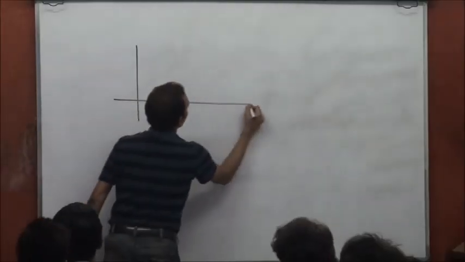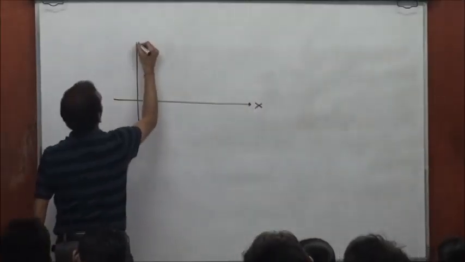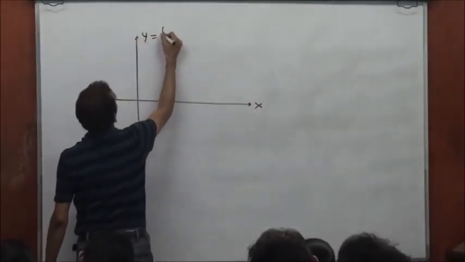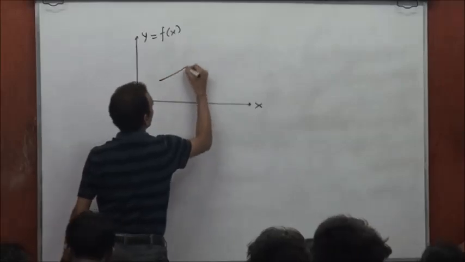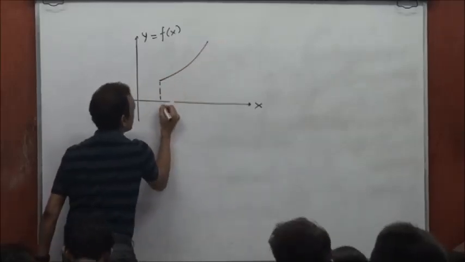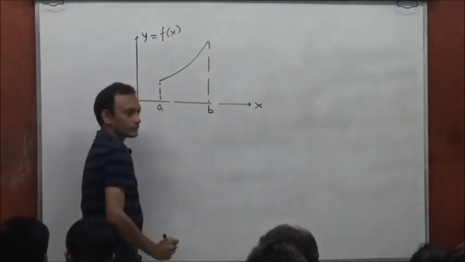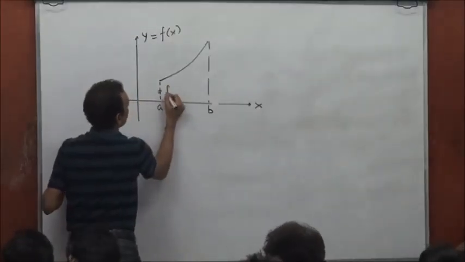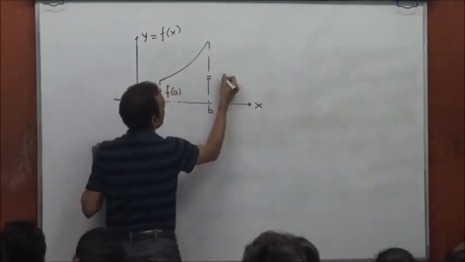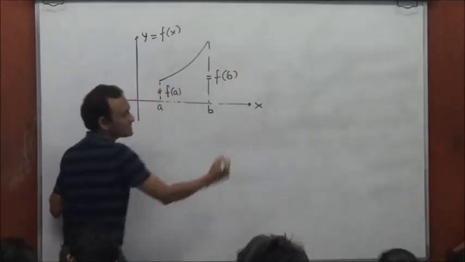If I have a function which is monotonically increasing in the interval a to b, then this is f(a), this is f(b).